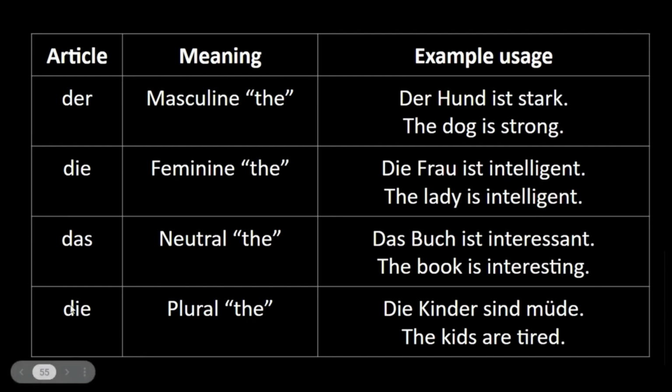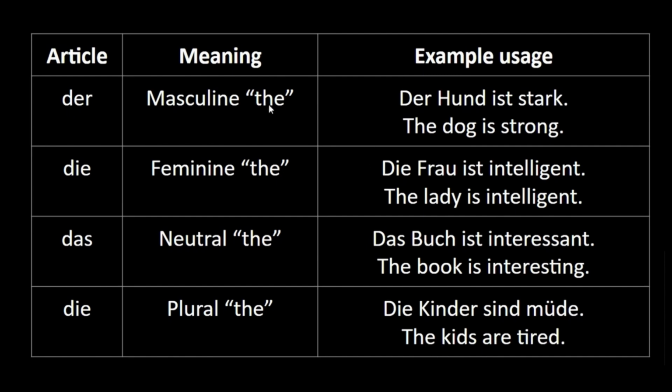Finally, die is the article for plural, which means the plural the. Die Kinder sind müde. Die Kinder, that is the kids. Since it is third person plural, that is they, we conjugate the sein verb as sind. Die Kinder sind müde. The kids are tired. Let's just repeat.